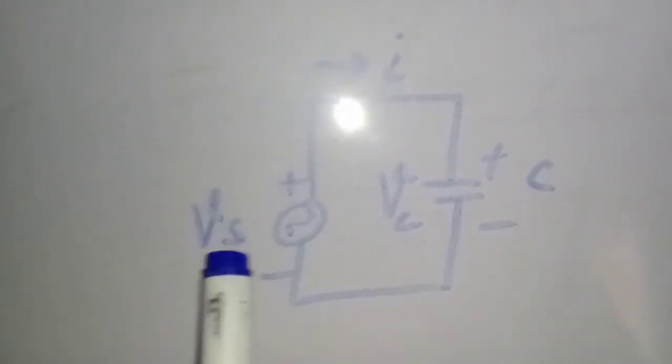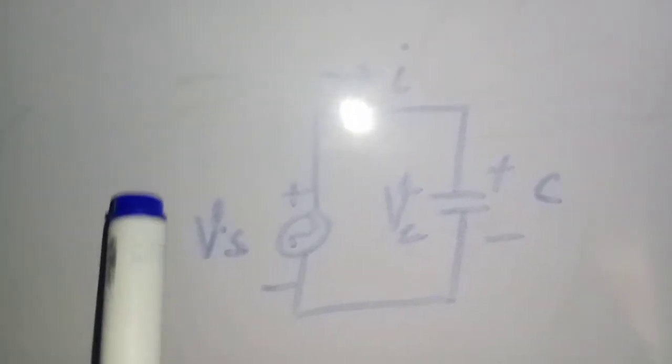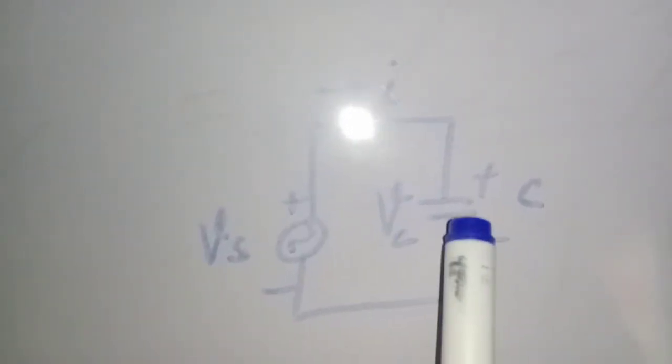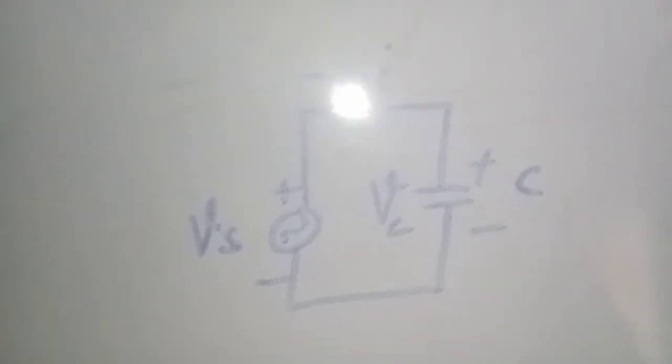In this diagram, the alternating or AC voltage source Vs is an active circuit element, while the capacitor is taking energy from that source. So the capacitor is a passive circuit element.